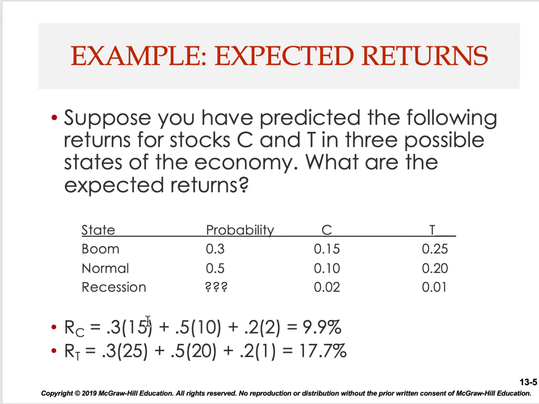So we just do the math as it is. We multiply the probability by the expected return and add them for each situation, right? Boom, normal, recession. We see that we get an expected return of 9.9%. Okay, that's our expected return based on the future.